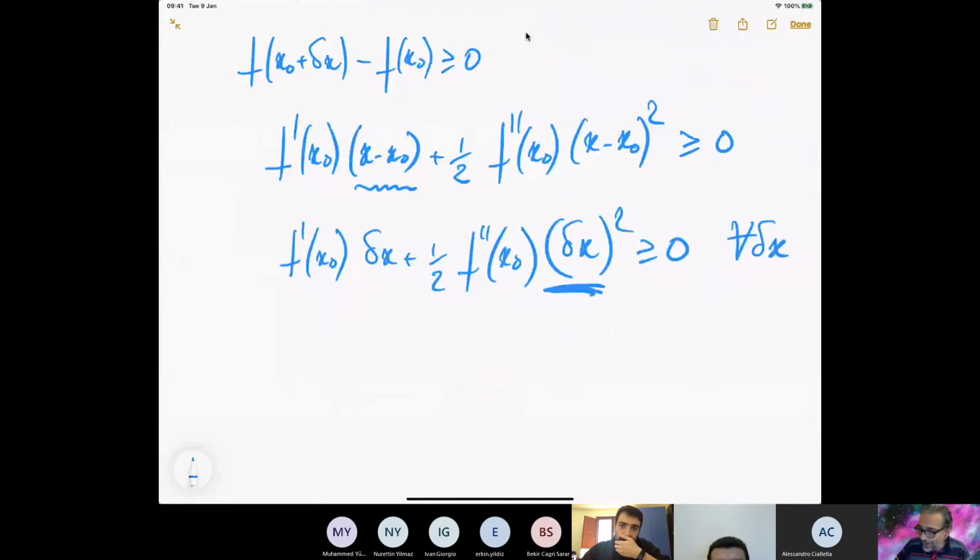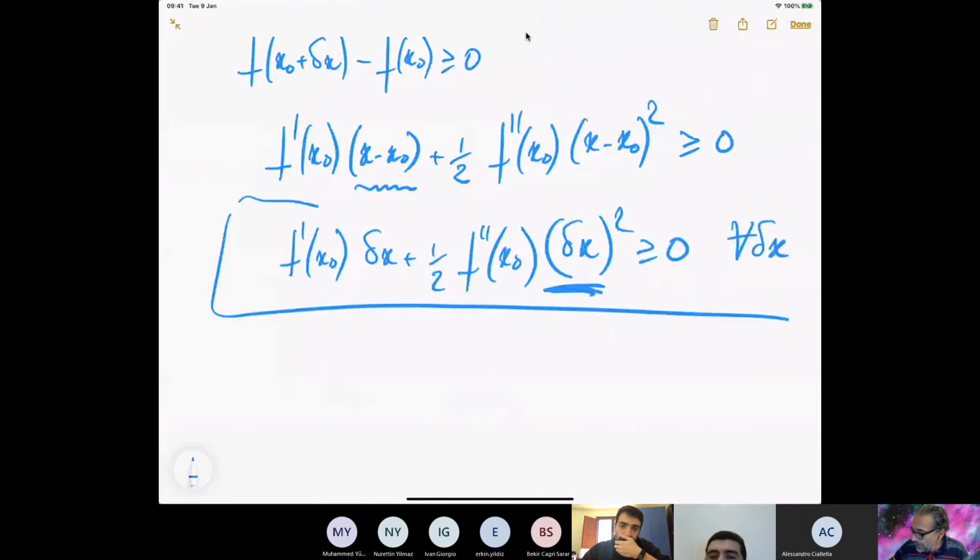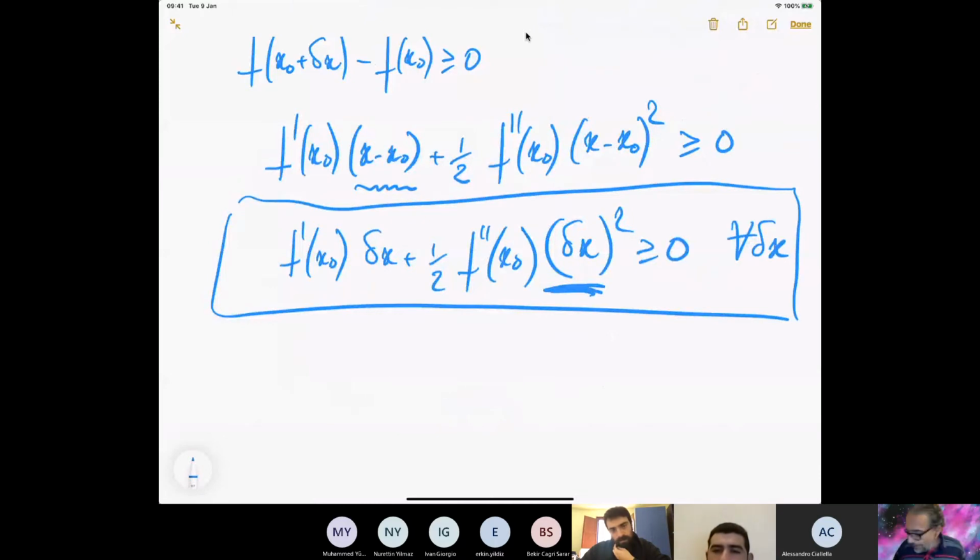So we can formulate this statement, which is up to now purely analytical, in this way. You take the minimum of f. You move the variable a little bit. So you move it from x0 to x, adding to x0 a small delta x.